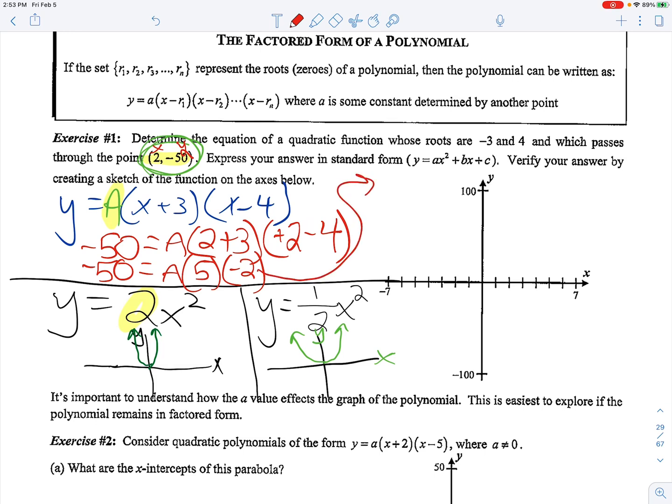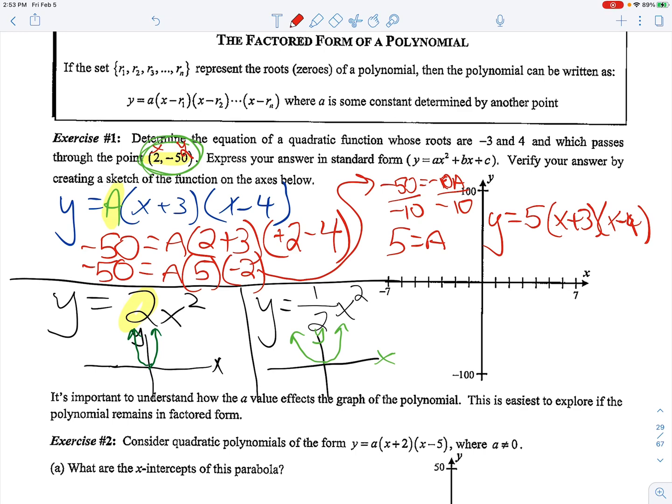Oh wait, positive 2, pardon me. This is positive 2, so that would be negative 2 here. So negative 50 equals negative 10a. Divide both sides by negative 10, and there we go. 5 is my a.